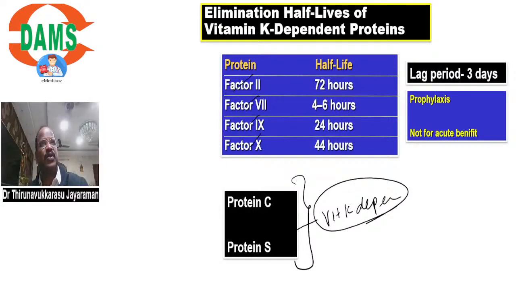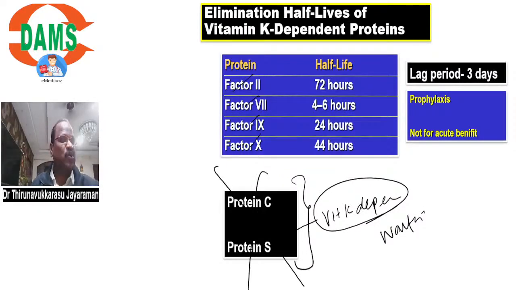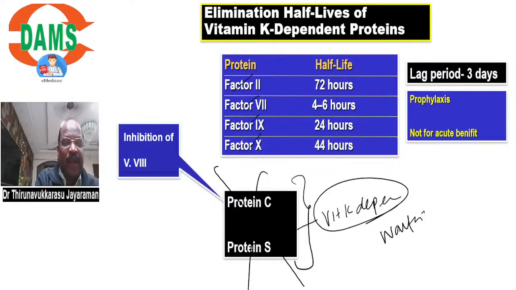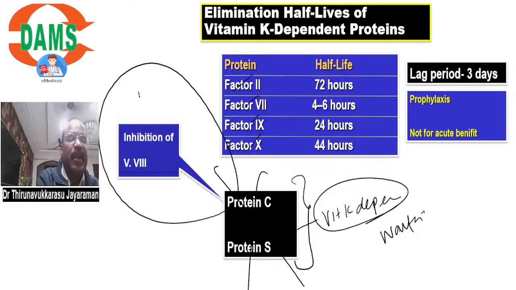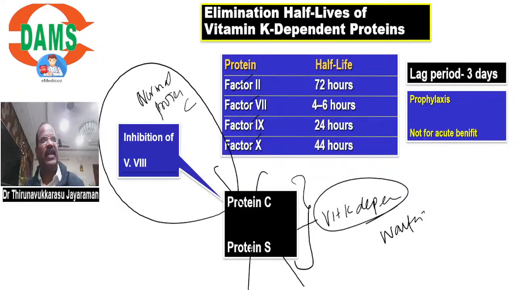If these are also vitamin K dependent factors, warfarin is going to inhibit these also. Here is one point you should know: protein C normally will inhibit factor 5 and 8.